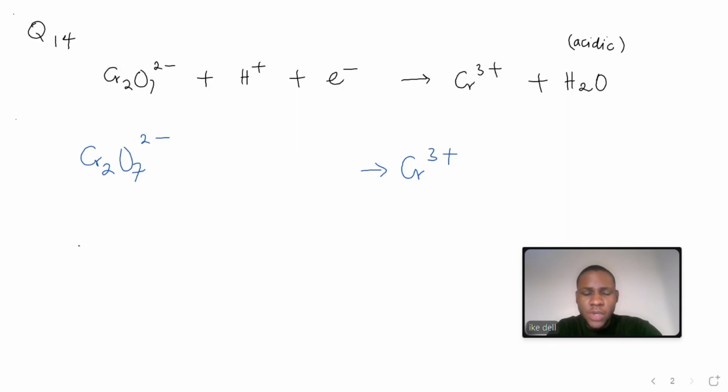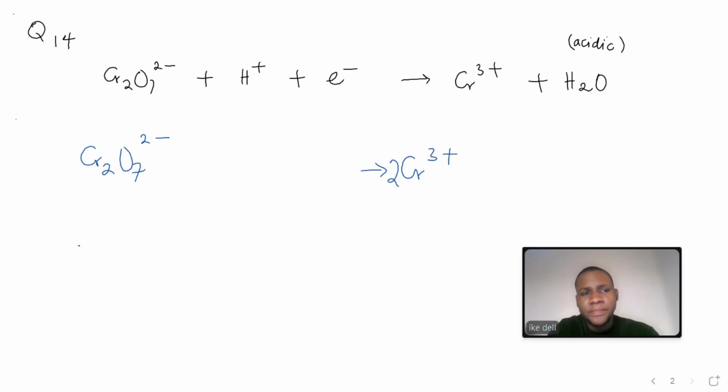The first thing I'm going to do is balance the main element apart from hydrogen and oxygen, which would be the Cr, chromium. So we're going to balance chromium first. Cr on the left hand side is 2, so I need to put a 2 here. Okay, so that's the first step: balance all atoms apart from hydrogen and oxygen.